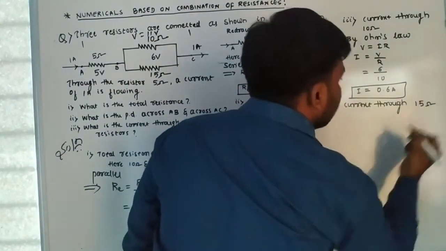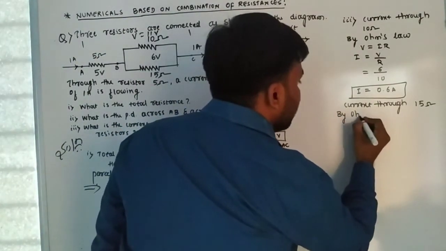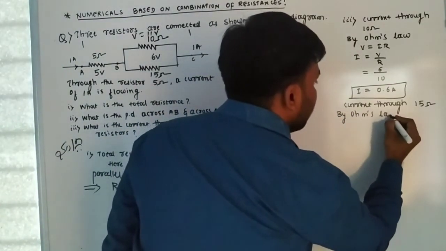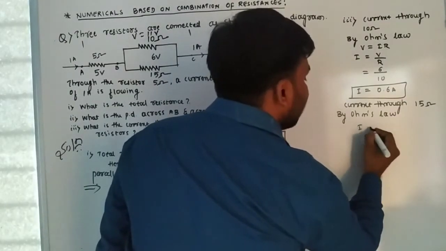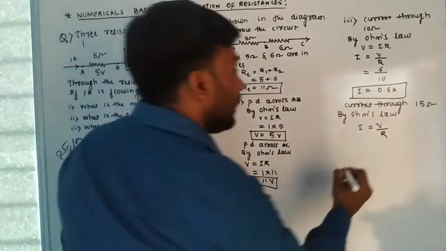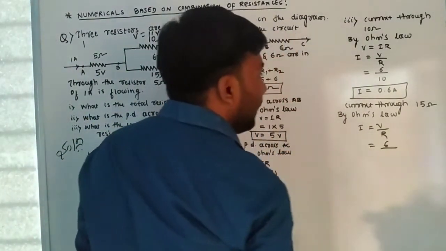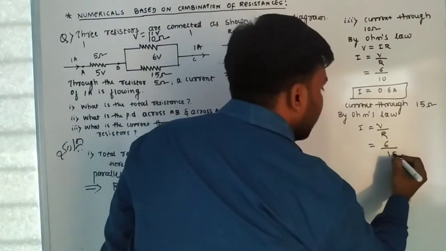15 ohm resistance by Ohm's law. By Ohm's law, I can write I is equal to V divided by R. This is equal to V, it is 6 volt, R, it is 15.